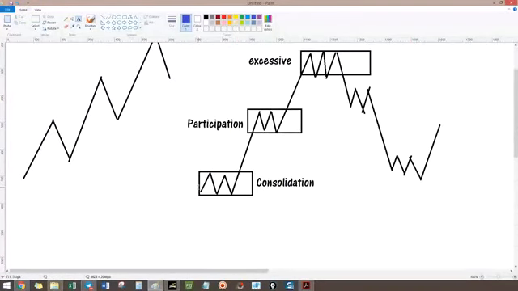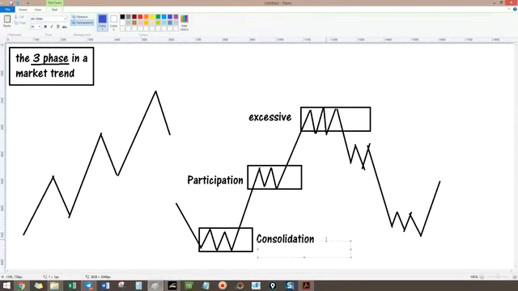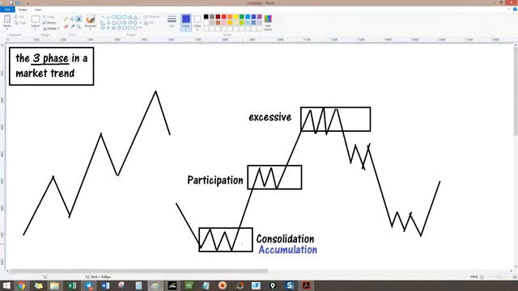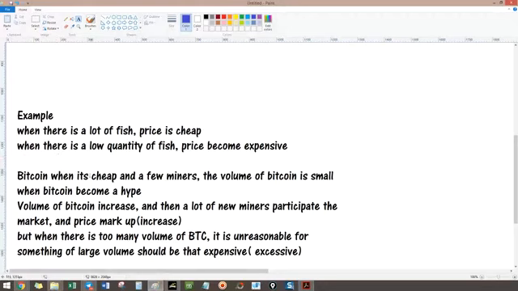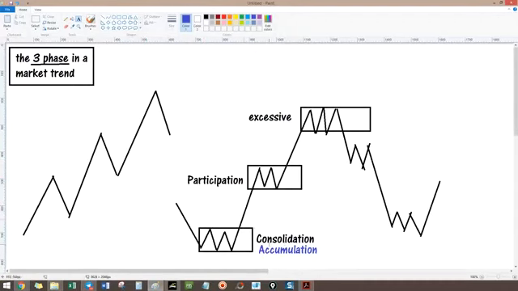Okay, so consolidation, for example, you have something like this. Okay, and then so over here is accumulation. Over here is the place where people start buying Bitcoin or research where Bitcoin is still cheap. Okay, this is cheap price, and then it will mark up here.